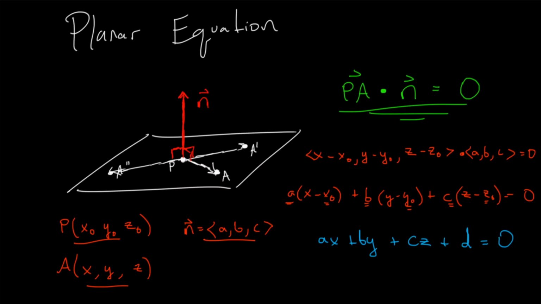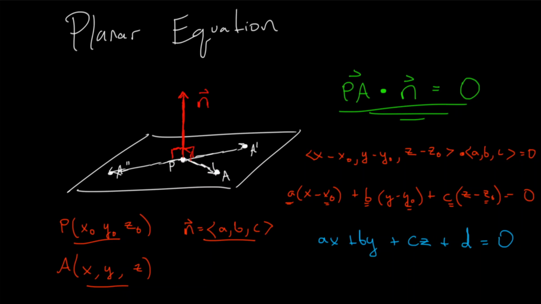ax plus by plus cz plus d is equal to 0, which is great because if you remember how we describe a line in 2D, it was ax plus by plus c is equal to 0. So the plane equation is just, once again, add a z, and then you have now gone from line to plane. 3 dimensions is a lot easier when you really think about it. It's just adding a third dimension to what we already know.